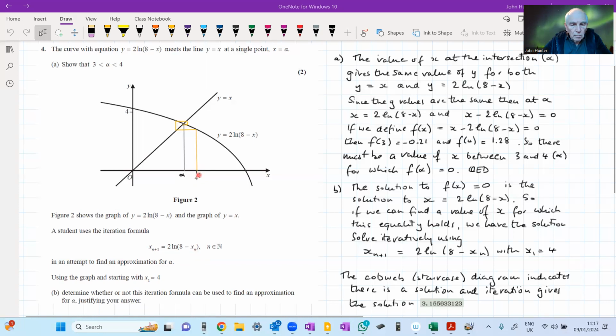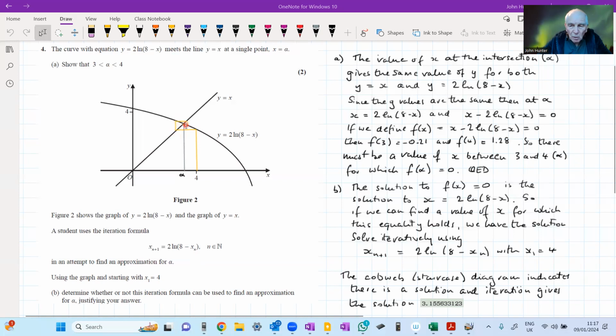With any luck, what happens is what's indicated by these yellow lines: we get some kind of homing in on the solution. I'll come back to these yellow lines later. It's called a cobweb diagram or a staircase.